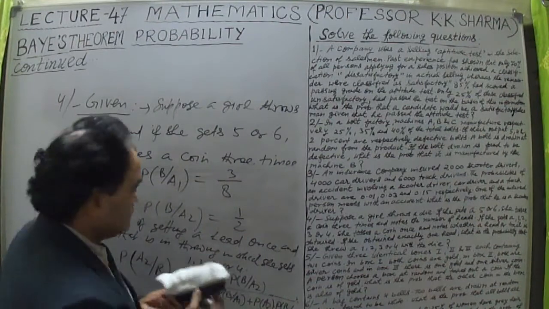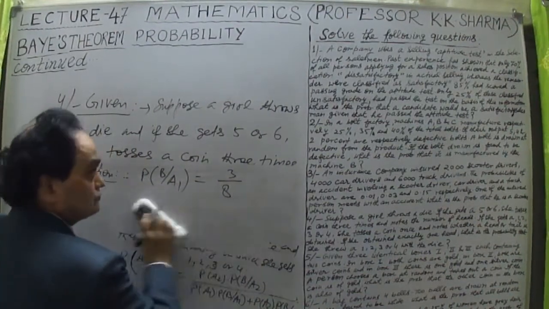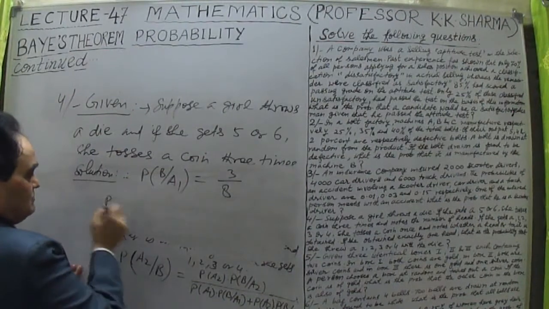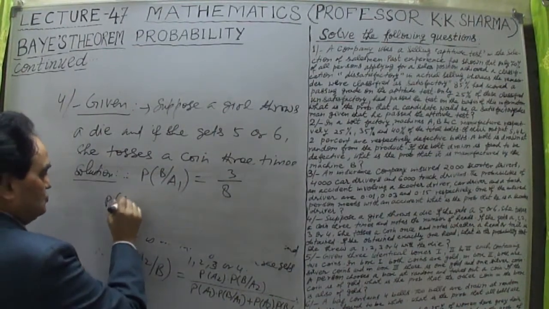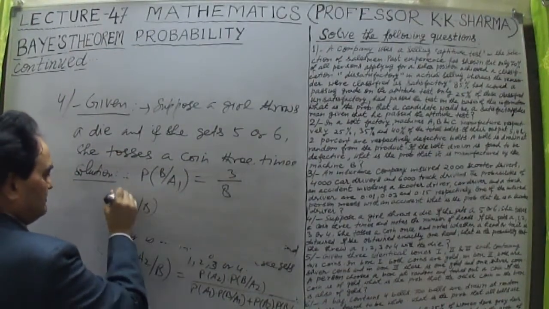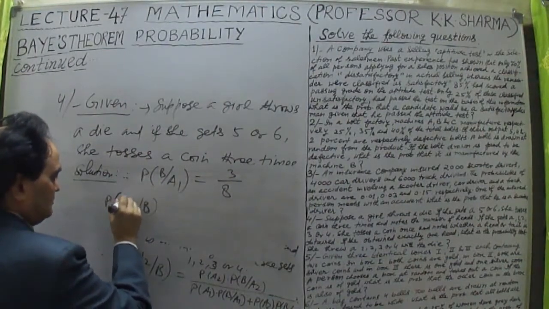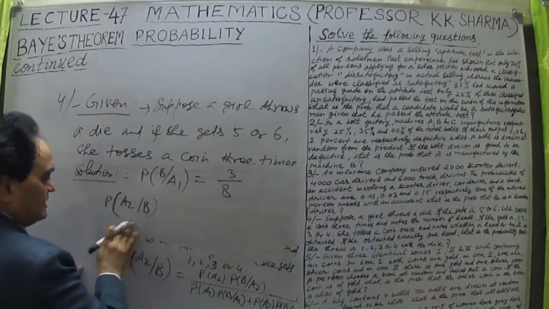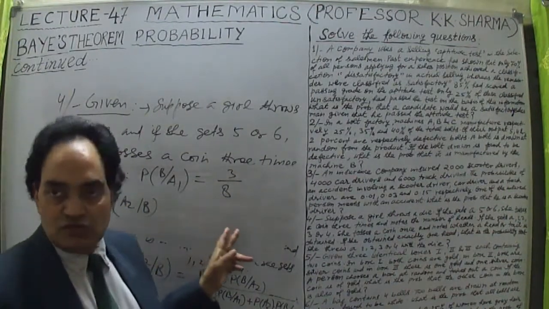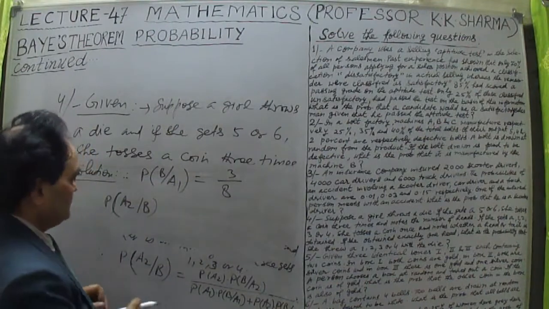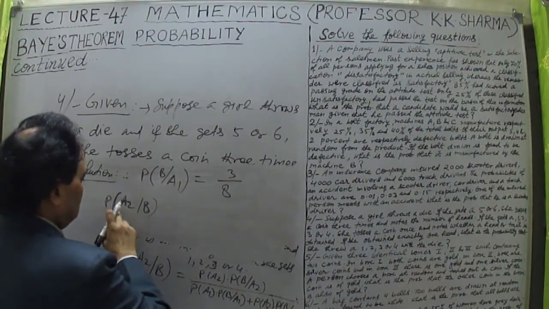Now let me put those values here. Finally, by Bayes theorem, we have to find this A2 with respect to B, where B is getting one head in the second case, throwing a coin once only. So this is the A2 event.